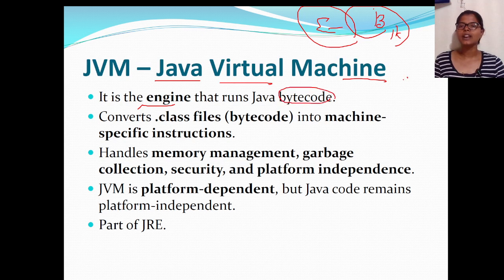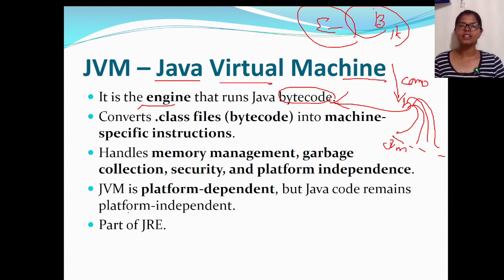We compile the code using the compiler, and that compiler generates bytecode. To execute this bytecode on the operating system of the computer, this engine, JVM, is required. It is not physical, it is virtual. We cannot see this Java virtual machine. That's why the name itself says it is a virtual machine.